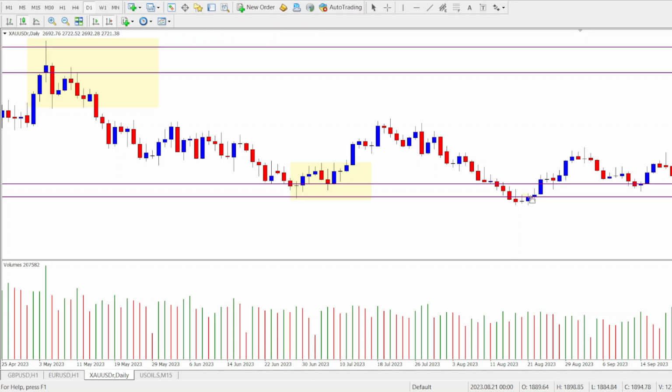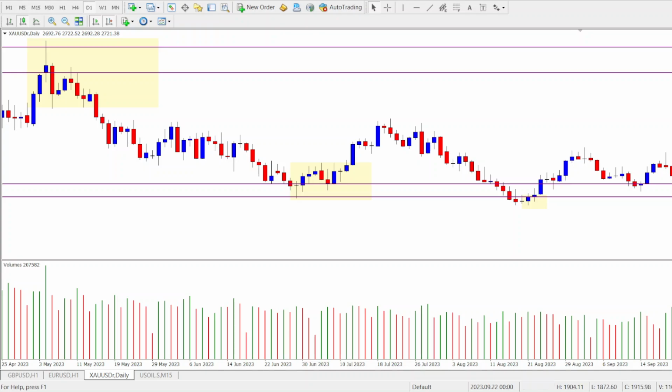There was a little bit of a consolidation before price broke out. Just so this is the daily time frame, don't forget. You can see this candlestick pattern here, this doji.